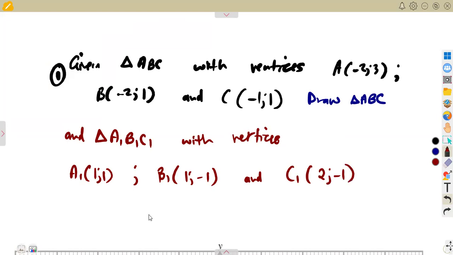You're given two triangles. Then you're also asked to draw triangle A1, B1, C1.